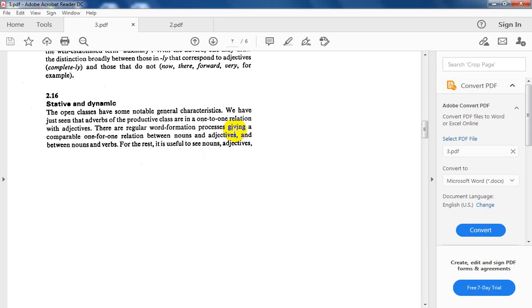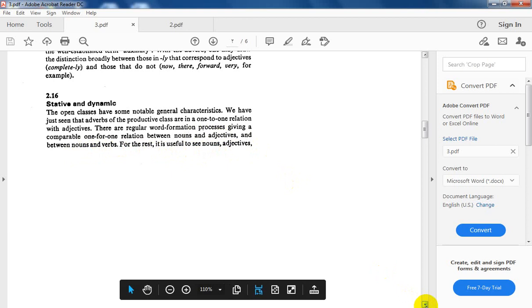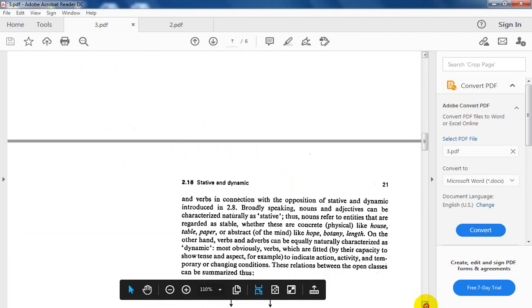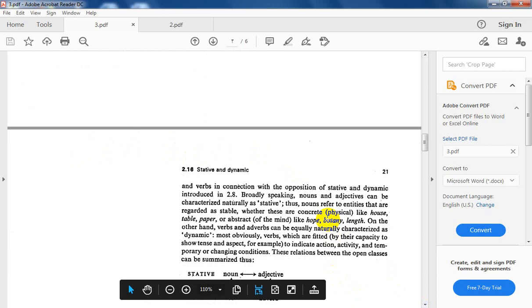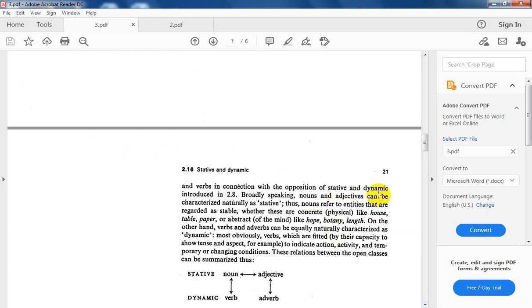So there is a one-to-one relation with adjectives. There are regular word formation processes giving a comparable one-for-one relation between nouns and adjectives, and between nouns and verbs. For the rest, it is useful to see nouns, adjectives and verbs in connection with the opposition of stative and dynamic.